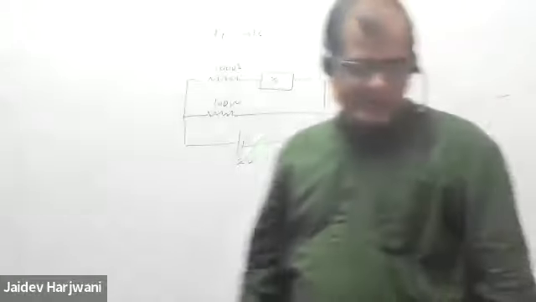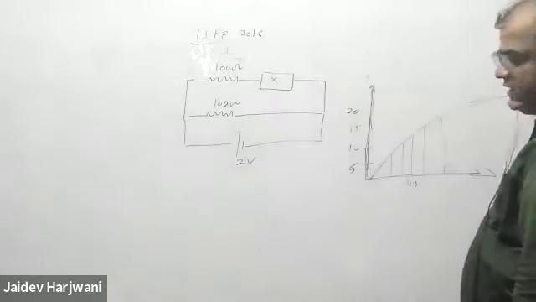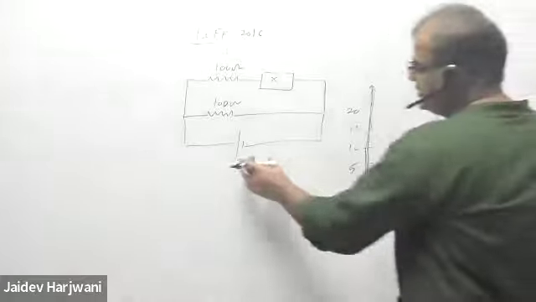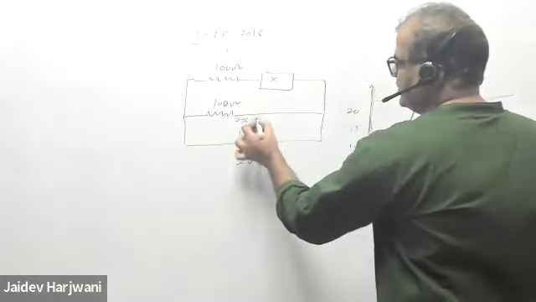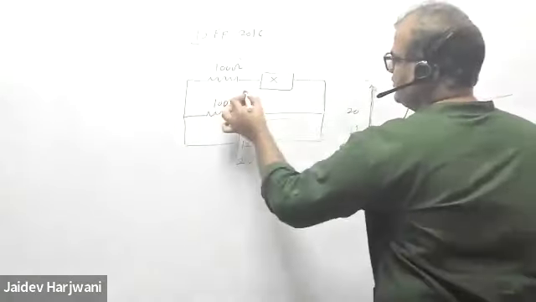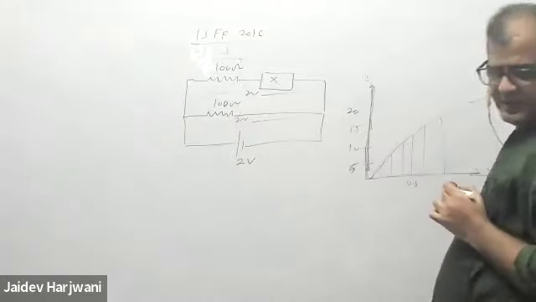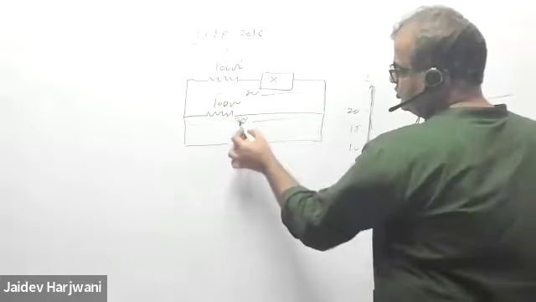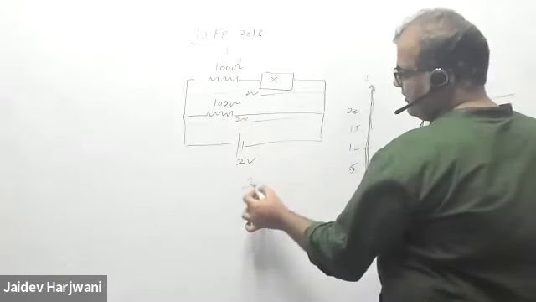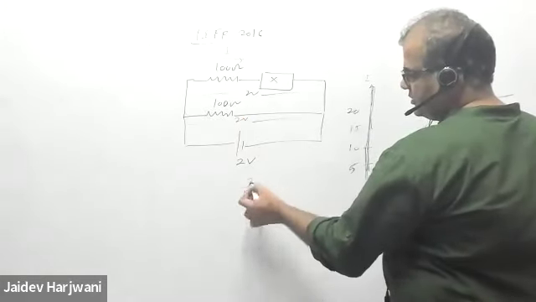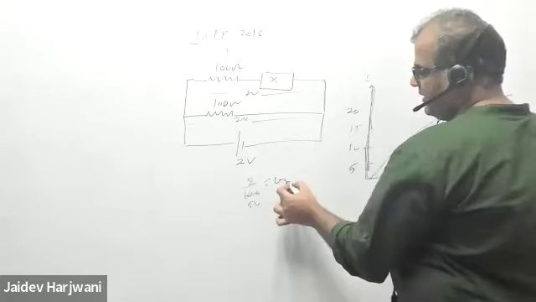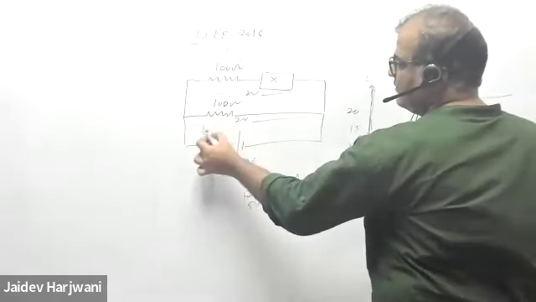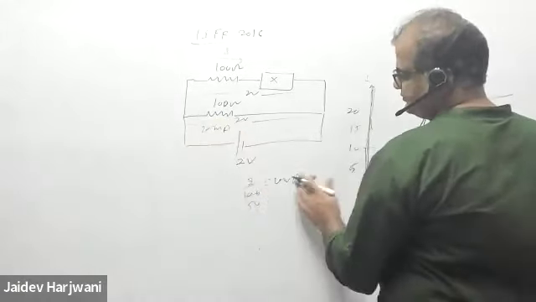Okay. So one thing you have to keep in mind, this here is 2 volts, so here also should be 2 volt. And here total volt should be 2 volts. And in order to be total 2 volts, here the current is 2 volt divided by 100. 2 volt divided by 100 has how much? That is 20 milliamp. 20 milliamp current is going here.